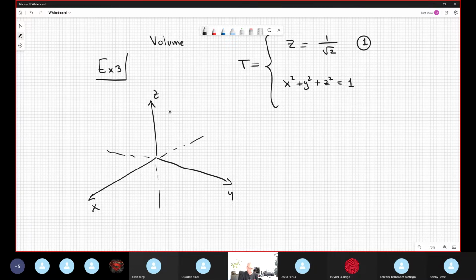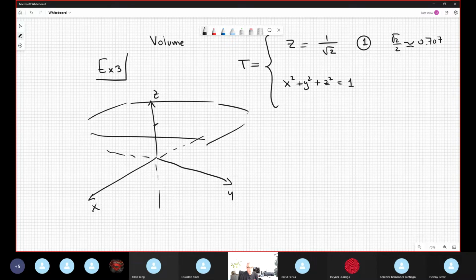So I suppose, using my imagination, one specific 1 over radical 2, which is radical 2 over 2, rationalization, which is approximately 0.707, well, in this distance, I do the plane. But this is a sphere, it's obvious. A sphere, radius 1. Now let me try to do my best.